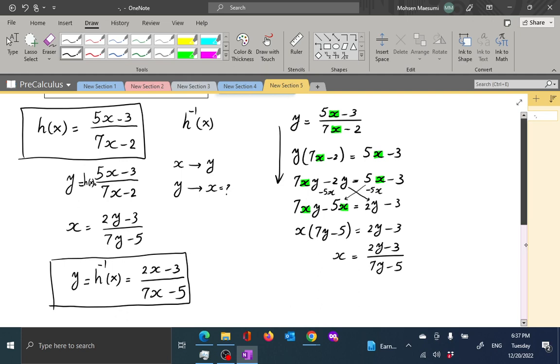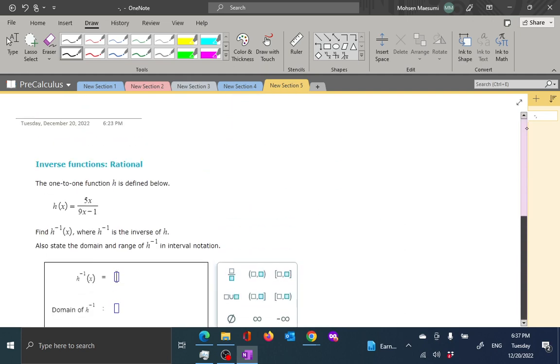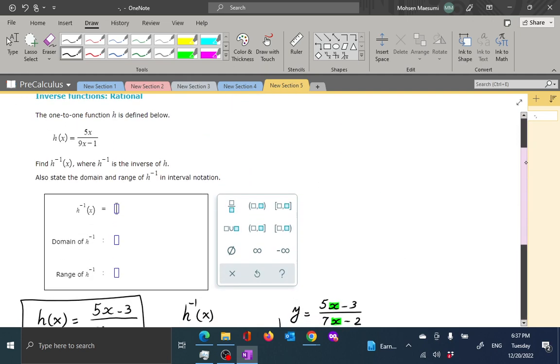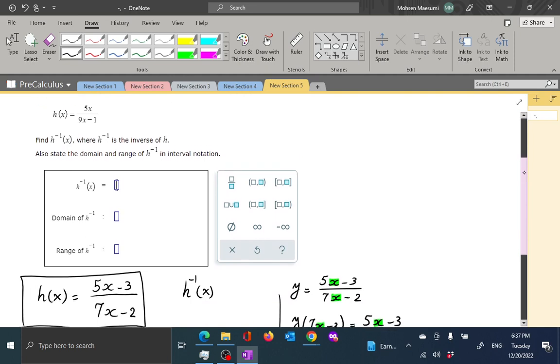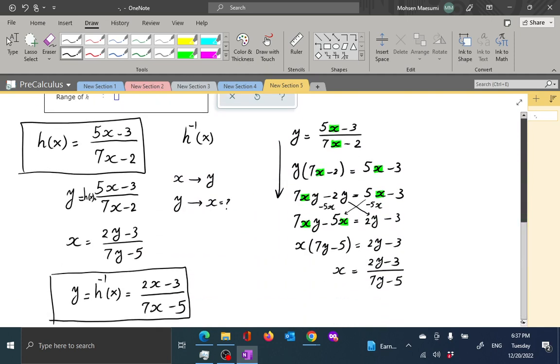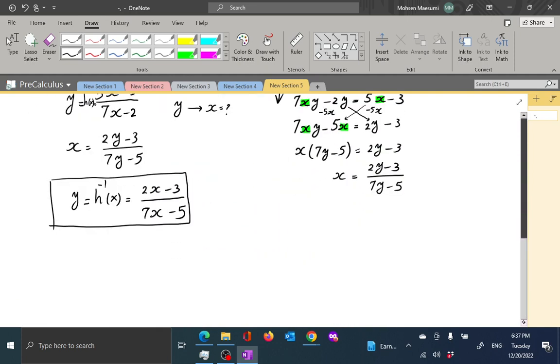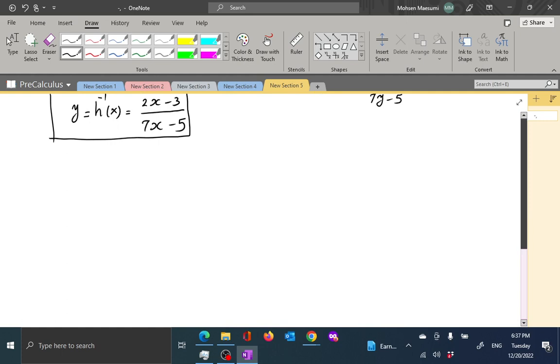Okay, what other questions did we have to answer here? Issue of domain and range. So let's briefly mention what these issues are. What's the domain?